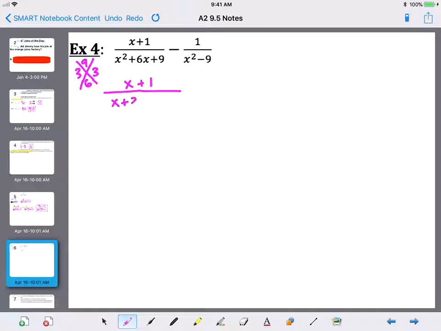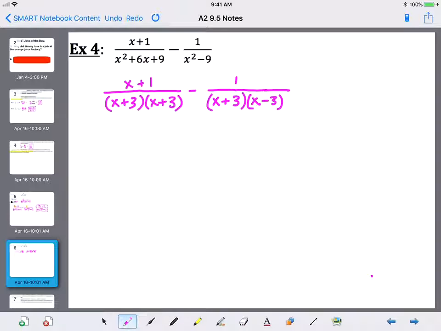So this is going to factor into x plus 3 times x plus 3. All right. In my second denominator, I see there I have a difference of squares. X squared and 9 are both perfect squares. So that'll factor into x plus 3 times x minus 3.